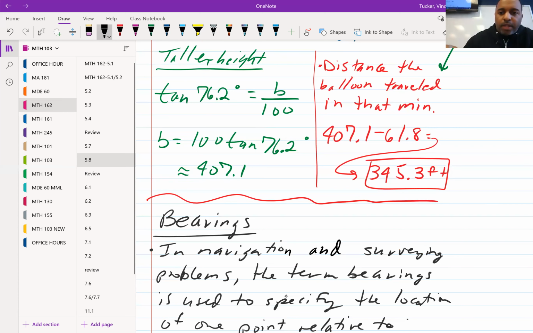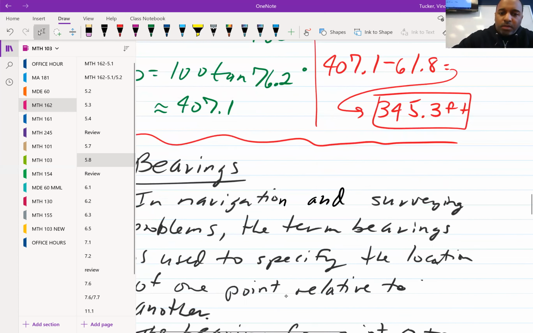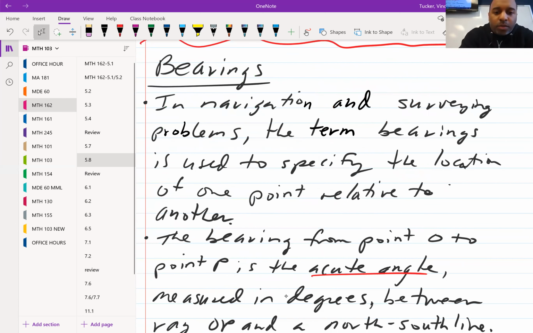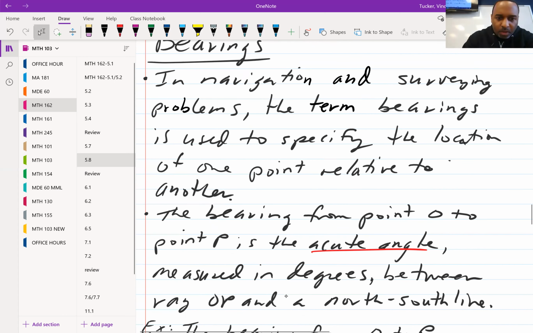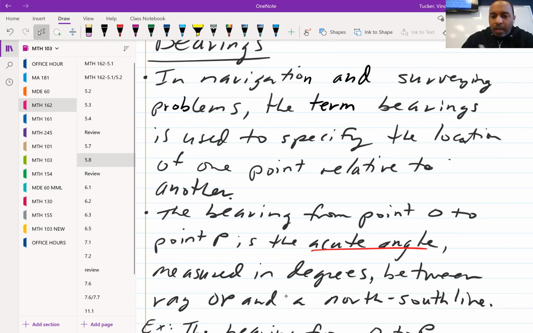All right, so in navigation and surveying problems, the term bearings is used to specify the location of one point relative to another. So the bearing from point O to point P is the acute angle measured in degrees between ray OP and the north-south line.